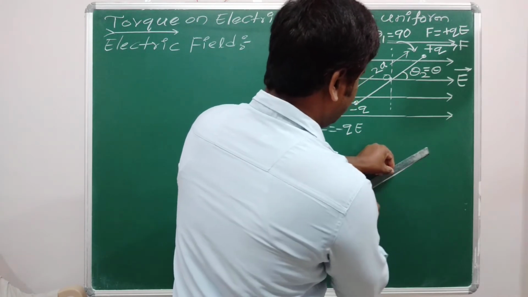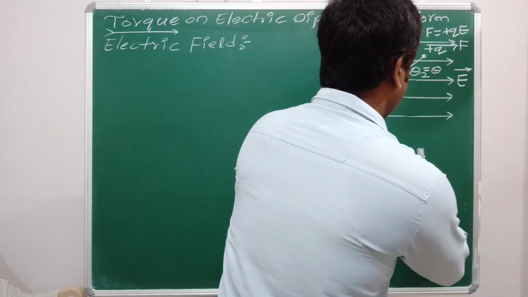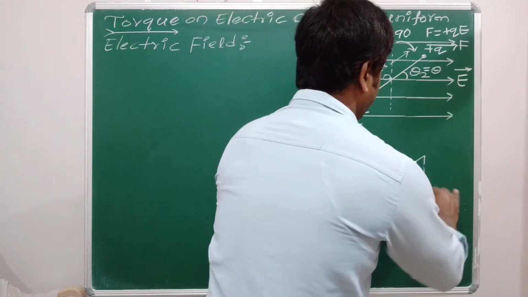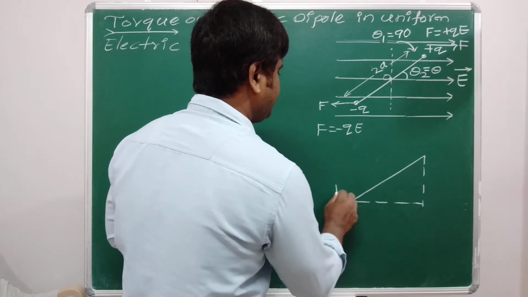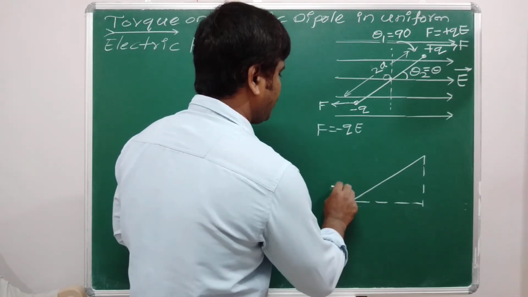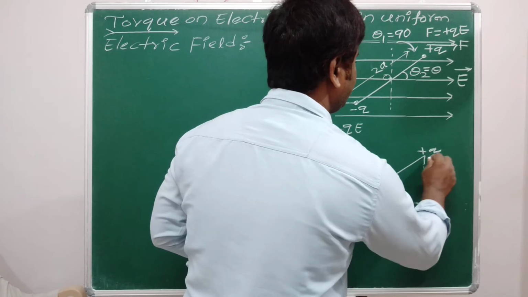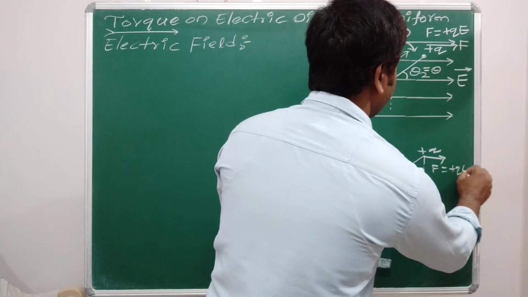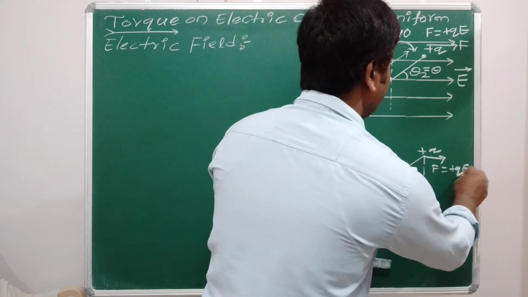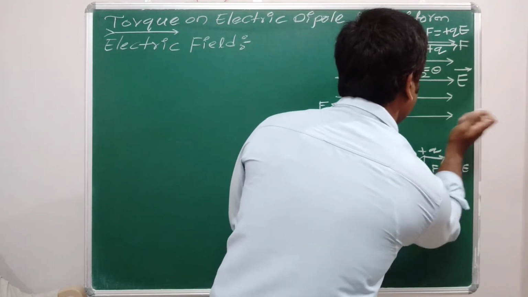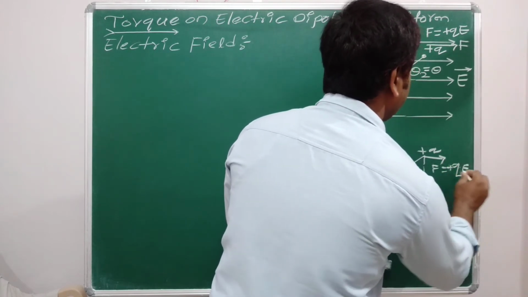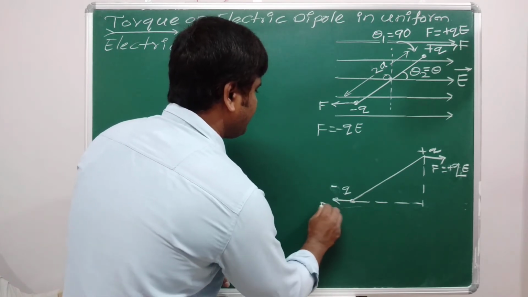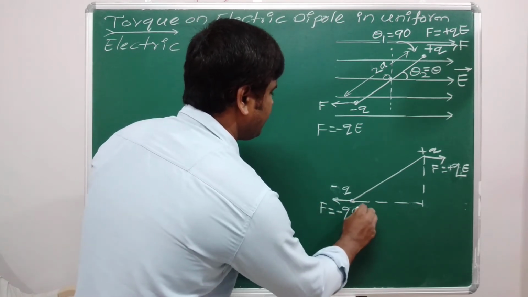See, this is the electric dipole. This is the positive charge and this is the negative charge. Here the force is F equal to plus QE. Here the force acts like this, F equal to minus QE.